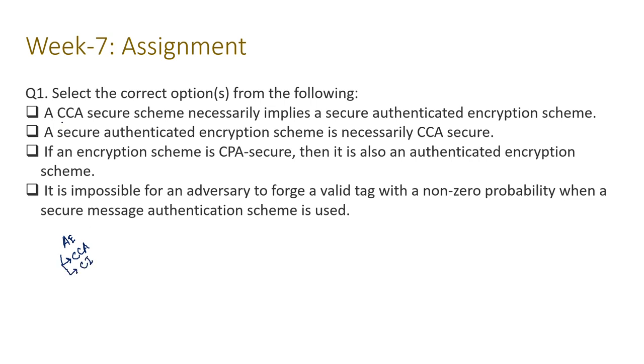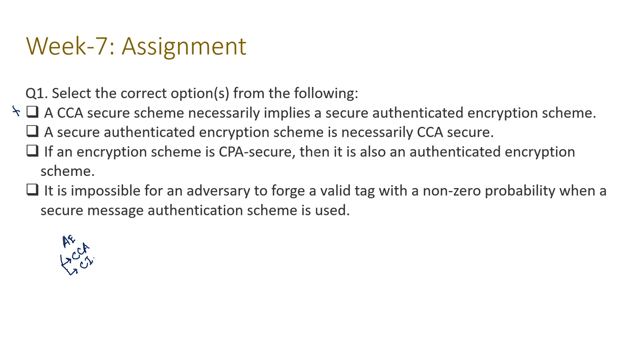If a scheme is CCA secure, it does not mean that the scheme will satisfy ciphertext integrity also. So we cannot necessarily say that the scheme is authenticated encryption as well. So this is wrong. Next statement says that a secure authenticated encryption scheme is necessarily CCA secure.